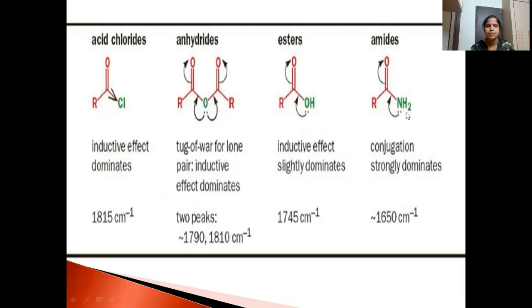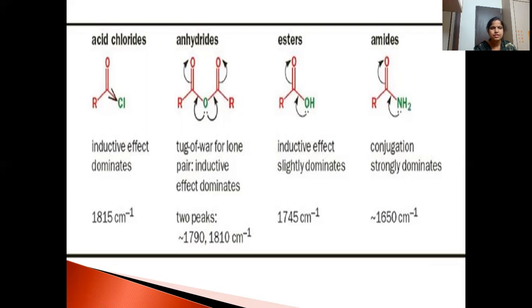In an amide, the nitrogen lone pair electrons are delocalized in this way. So what happens to C=O? It becomes C-O single bond character, which means the bond length is increasing. Therefore, the K value decreases and the vibrational frequency also decreases.